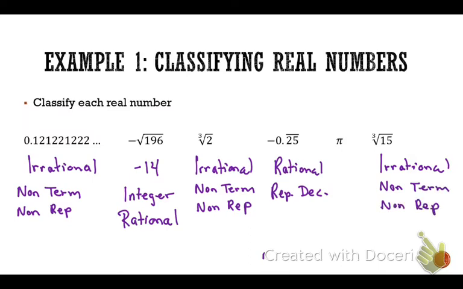What about this little guy, my pi symbol? Pi is the most famous, yes, things in math can be famous, irrational number. People actually devoted years of their life to try to divide pi and come to an ending point.